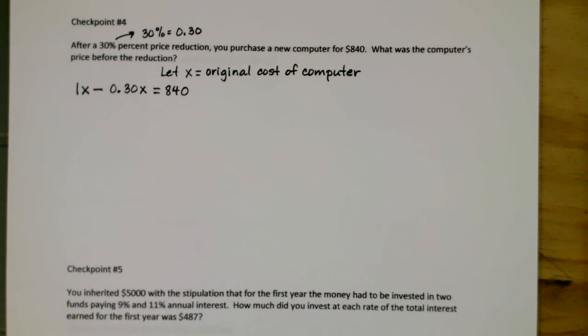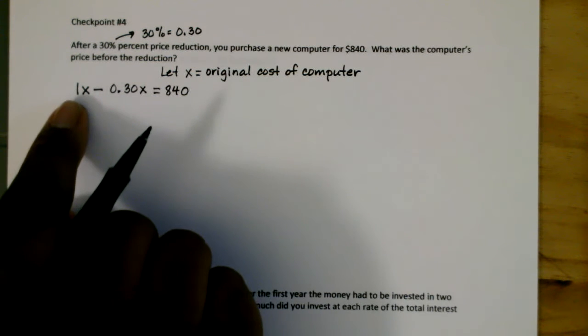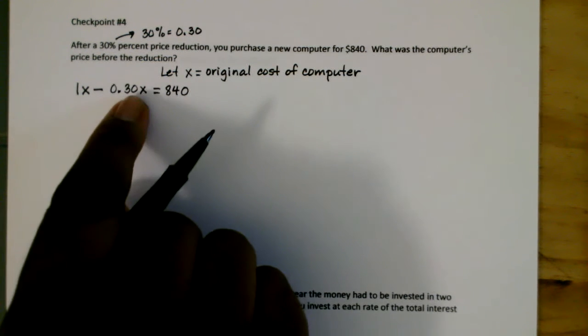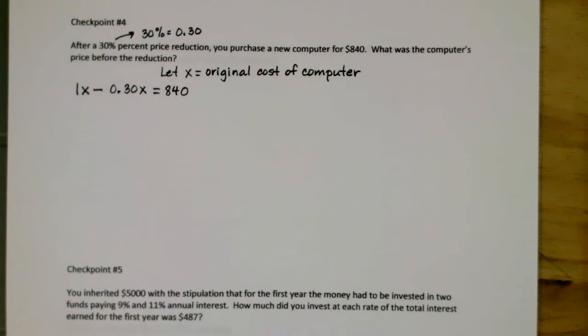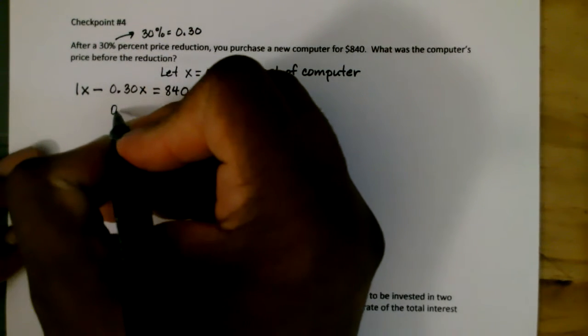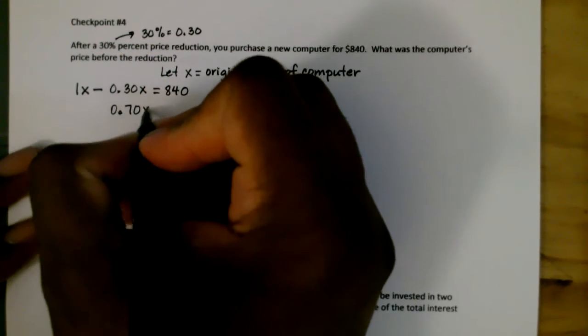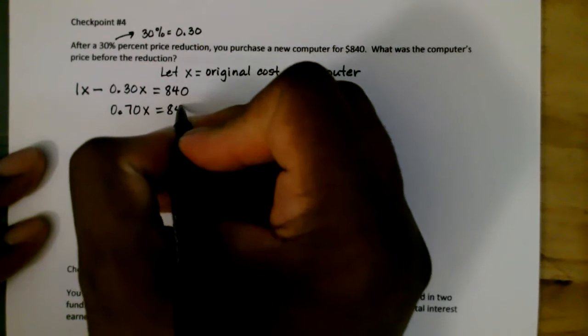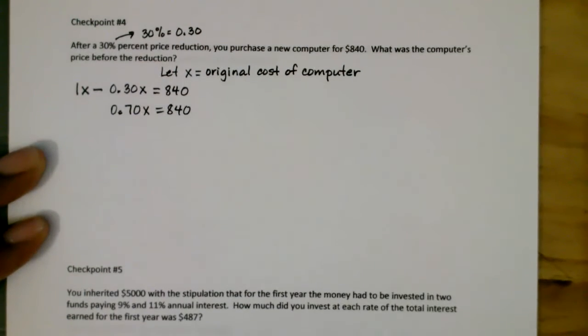So now we want to solve this equation for X. Notice I put the 1 in front because this is like $1 minus 30 cents. If you think of money, $1 minus 30 cents will be 70 cents. So 1X minus 0.30X will be 0.70X. That's equal to 840.